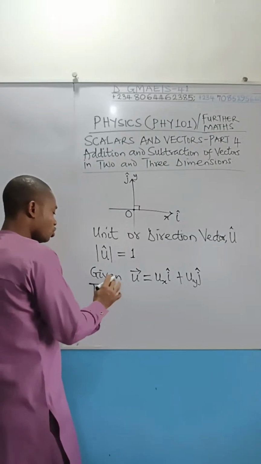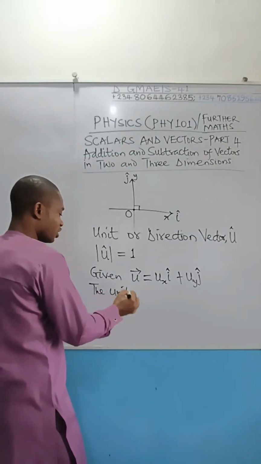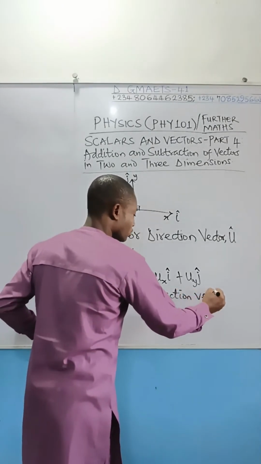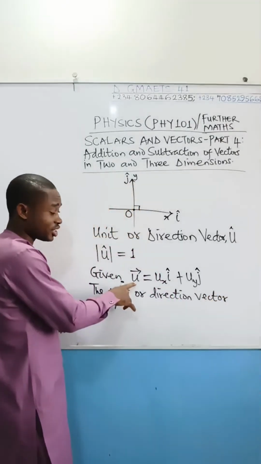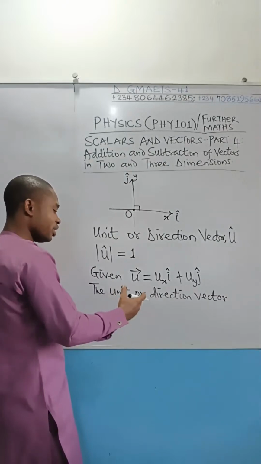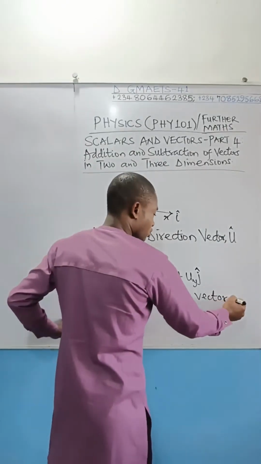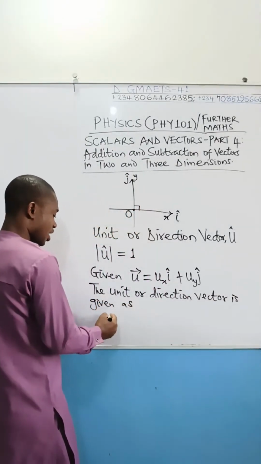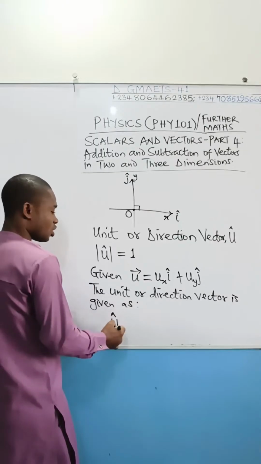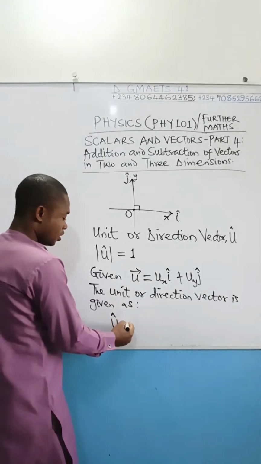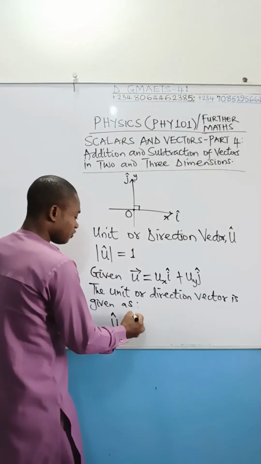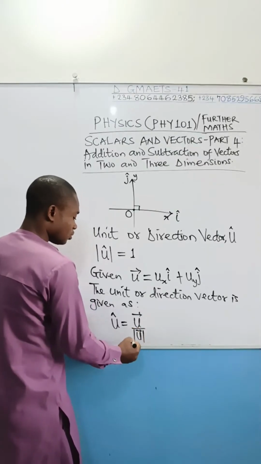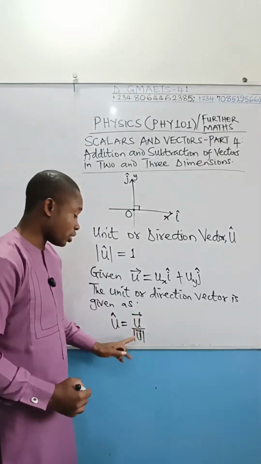The unit vector associated with this given vector is equal to the vector itself divided by the magnitude of that vector.